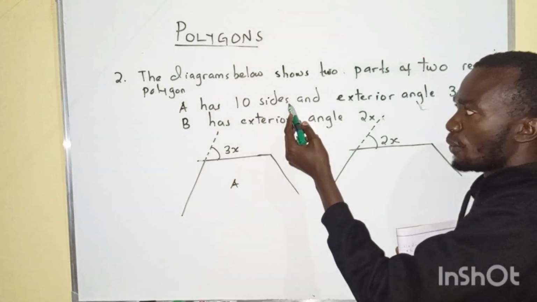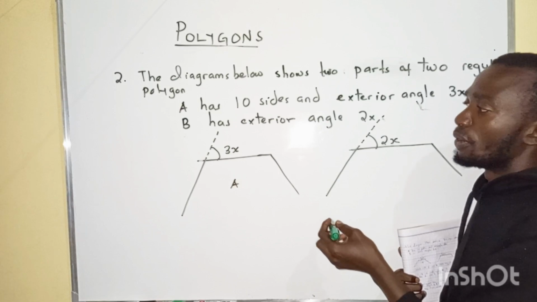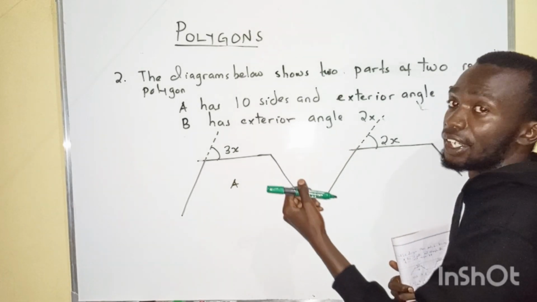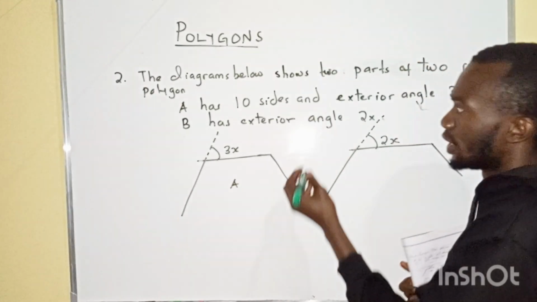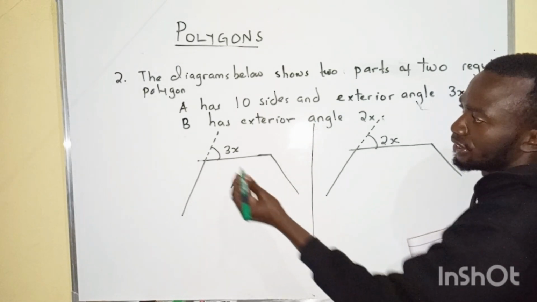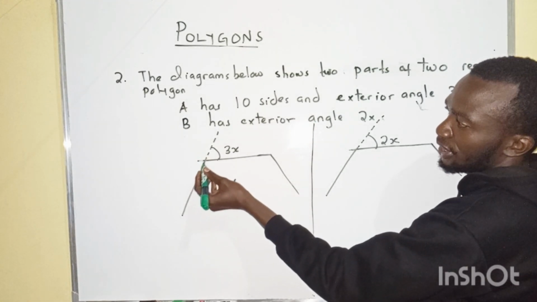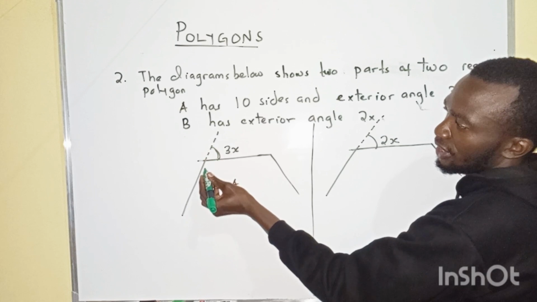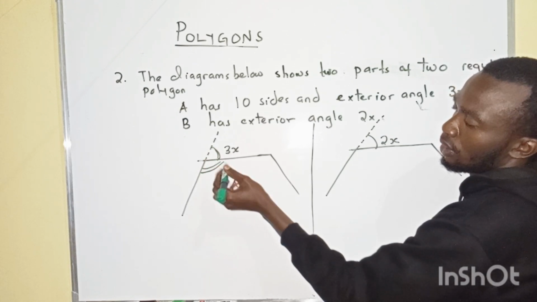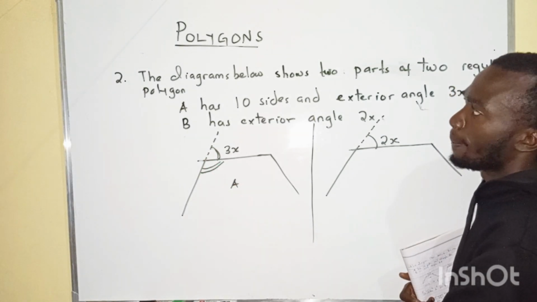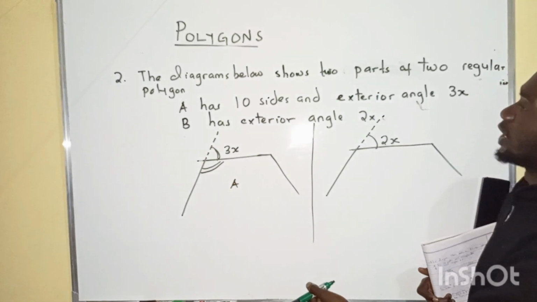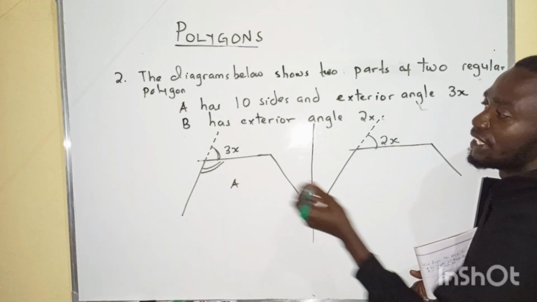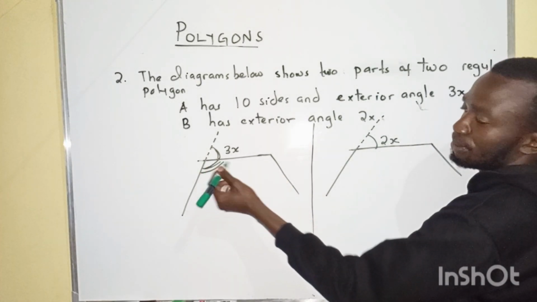How will this help us? We want the exterior angle so that we can get the value of x. When you extend this line, this angle is exterior and the other is the interior angle of this part of the polygon. But we are told they are regular polygons, so the interior angles are the same.